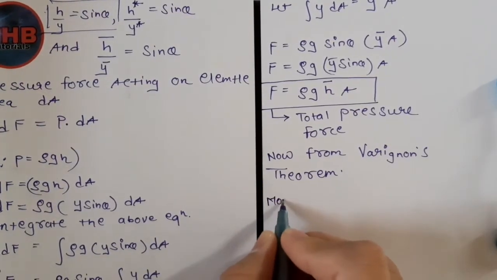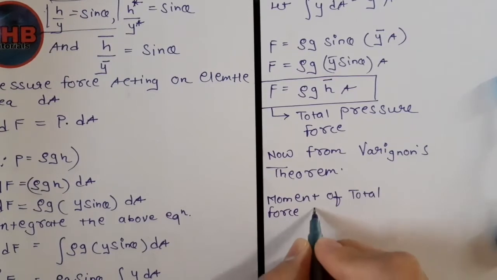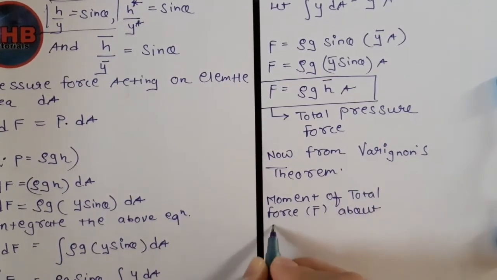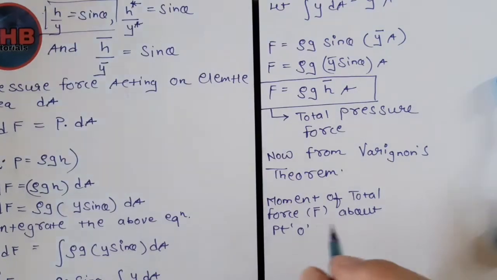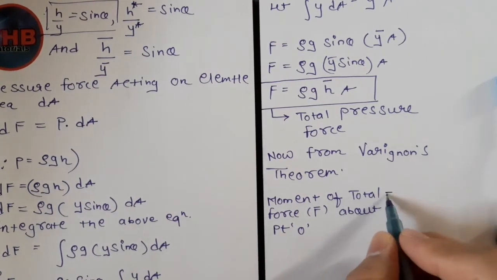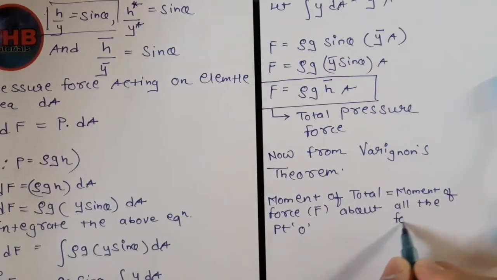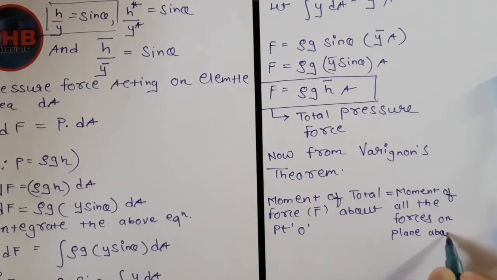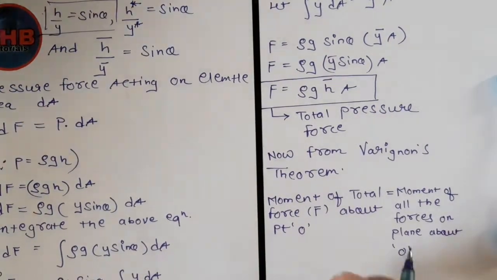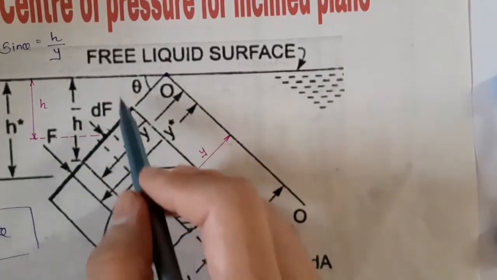It is the moment of total force F about point O. Here we have point O. So we want to apply Varignon's theorem for point O. The moment of total force F about point O is equal to the moment of all the forces on the plane about O. That means the moment of total force F about point O is equal to the moment of all the forces acting on this plane about O.